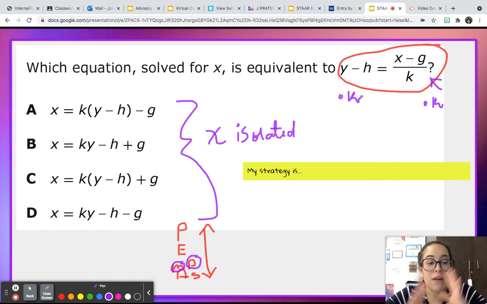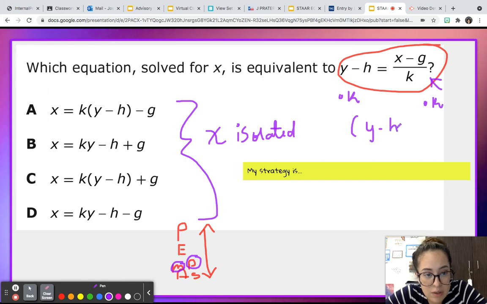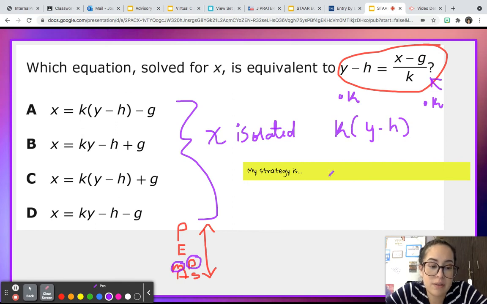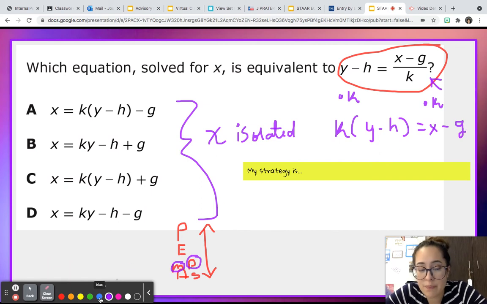But here's the thing. If I'm going to multiply by k, that means I have to encase y minus h, this expression, in parentheses, and I'm going to keep k out here like that. See? So now what I have left over is x minus g. And so it doesn't even look that bad anymore. I just need to get rid of g.